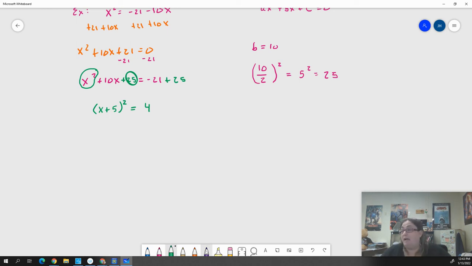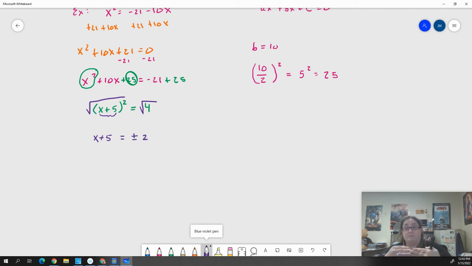And the way we do that, the way we solve anything that's squared, is we just take the square root of both sides. Because when I have this squared and I take the square root, I'm left with just this stuff underneath right here, this x plus 5 equals, now I have the square root of 4, and if you remember, that's going to give me a plus or minus 2, right?